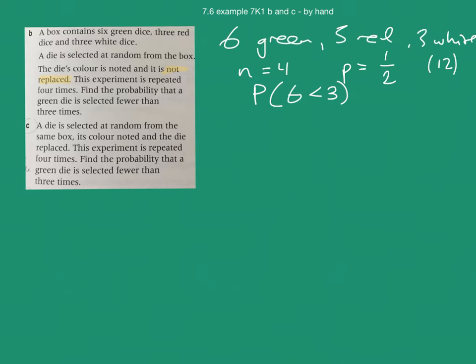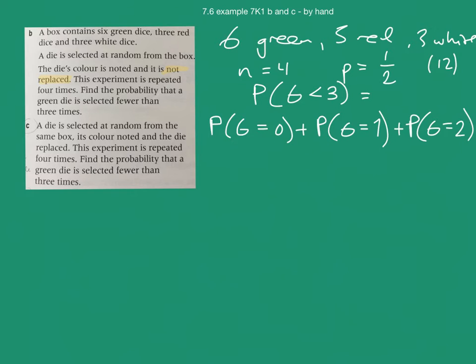And we could start by rephrasing this probability. So the probability of green less than 3 is the same as the probability of green being 0 plus the probability of green being 1 plus the probability of green being 2.